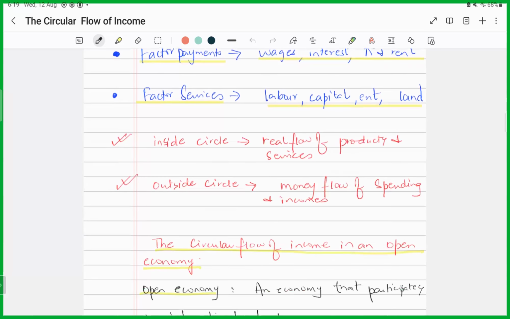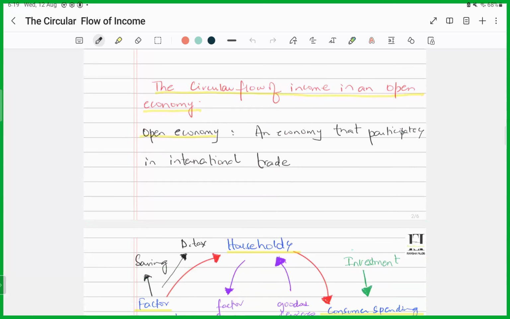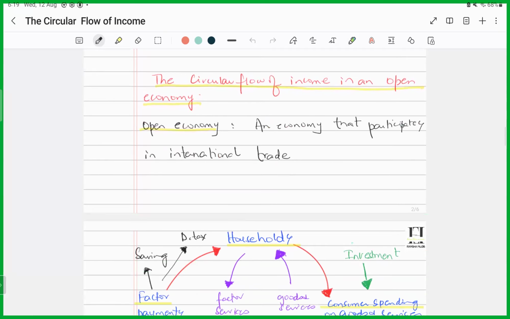Now what happens? There comes a situation of an open economy. Now what's an open economy? An open economy is entirely opposite, contrary to a closed economy. Now we know that a closed economy is one that does not participate in international trade. But then what about an open economy?